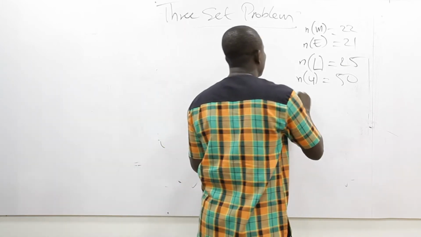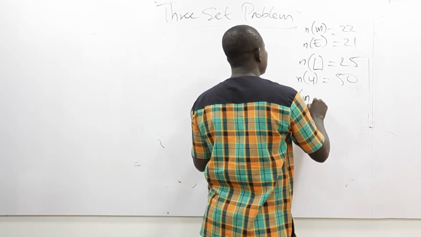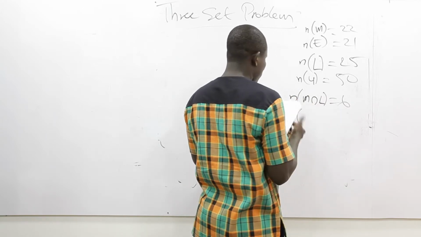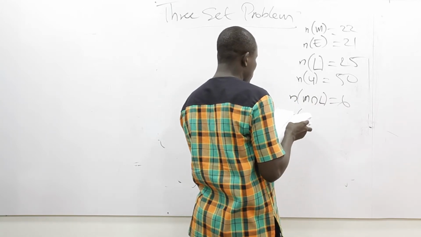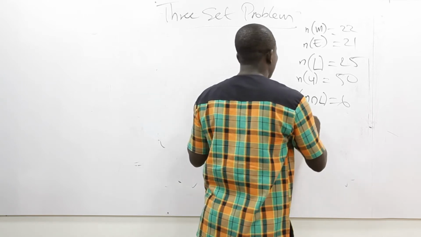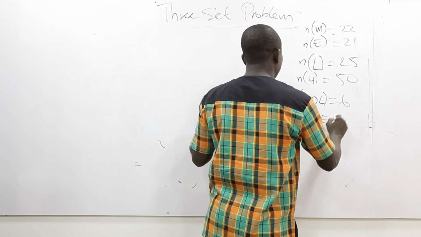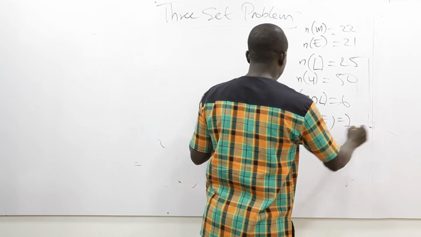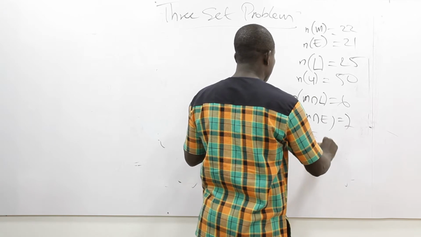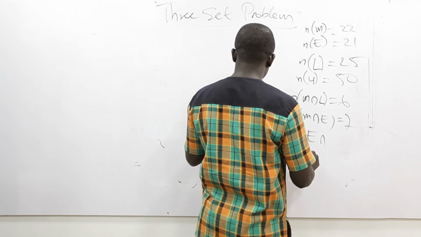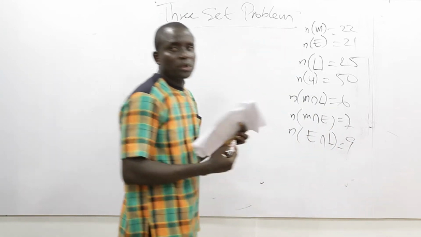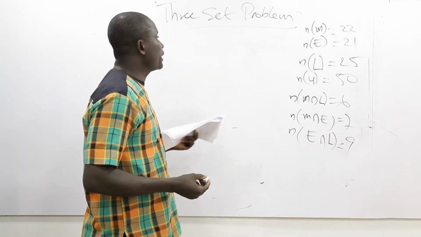So n(mathematics intersection life skills) is equal to 6. Then mathematics intersection English was 7. Then n(English intersection life skills) is equal to 9.